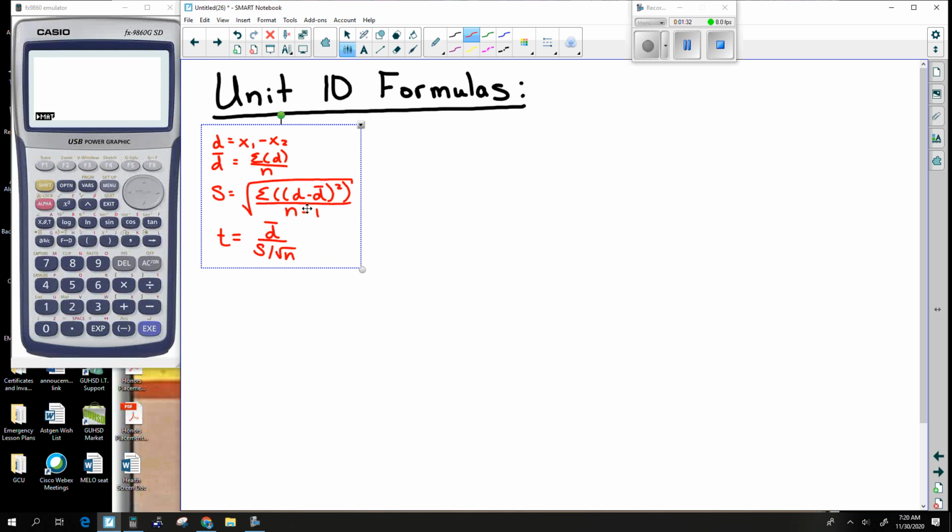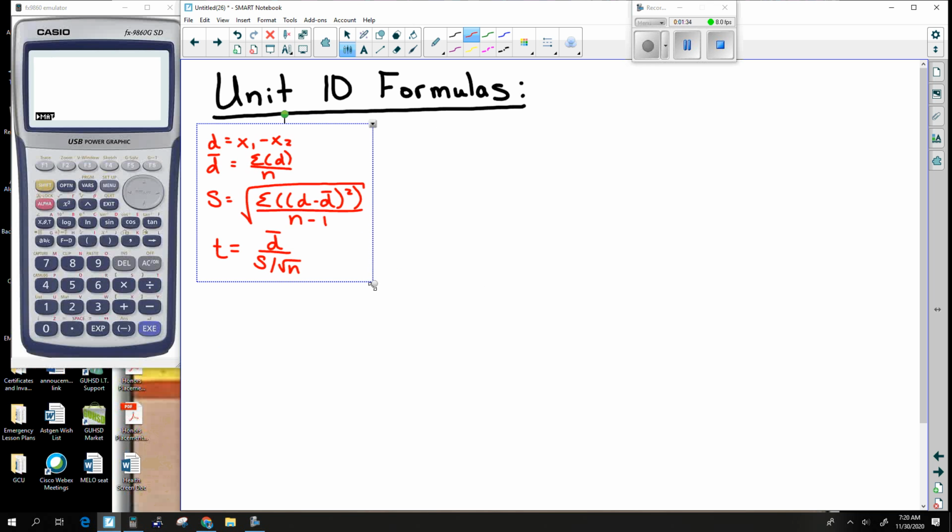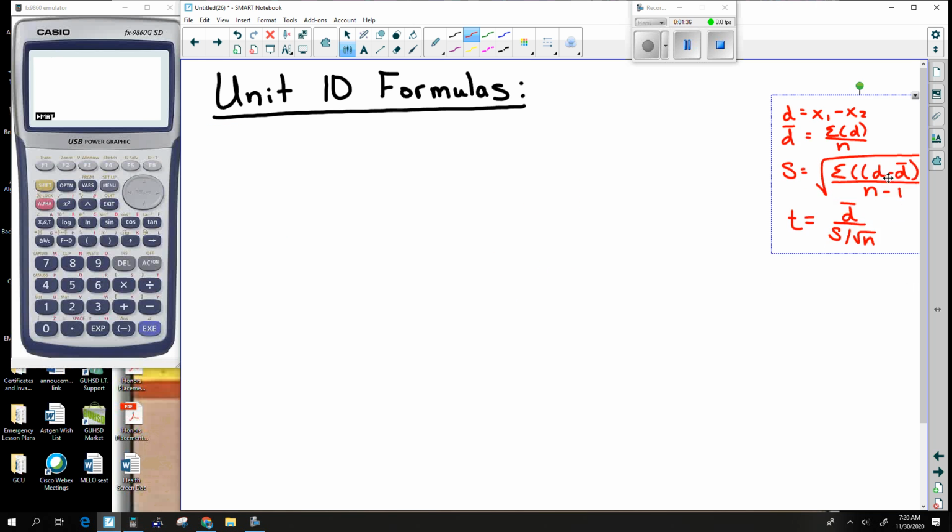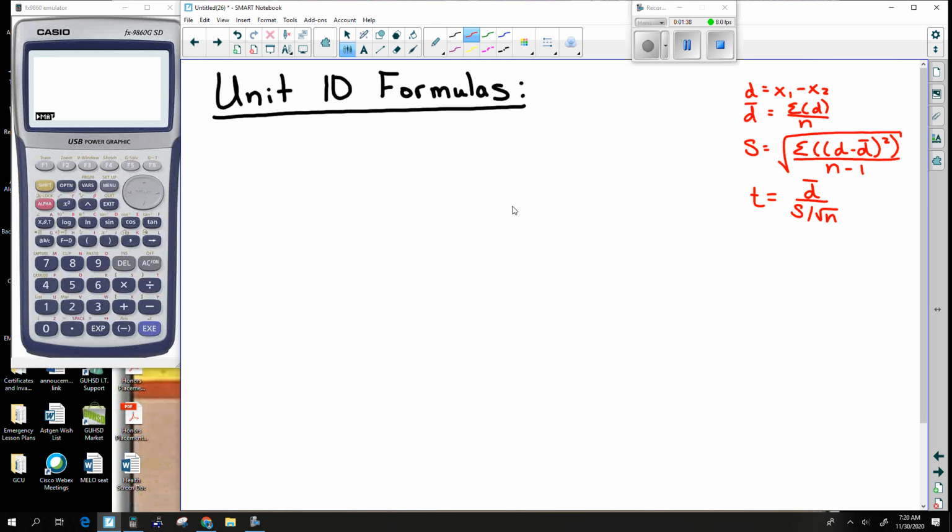And then we venture into the realm of the confidence intervals, dealing with those sorts of ideas.